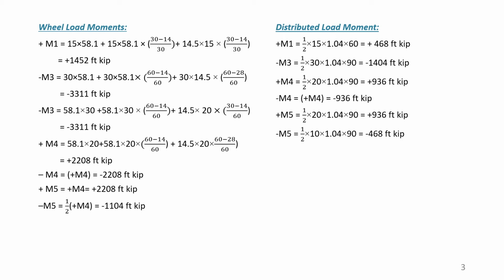In a triangle, from the triangle properties, we can find out this ordinate at a distance of 14 feet from the center. And if the smallest wheel will be at a distance of 30 minus 14 again, this will give us 30 minus 14.